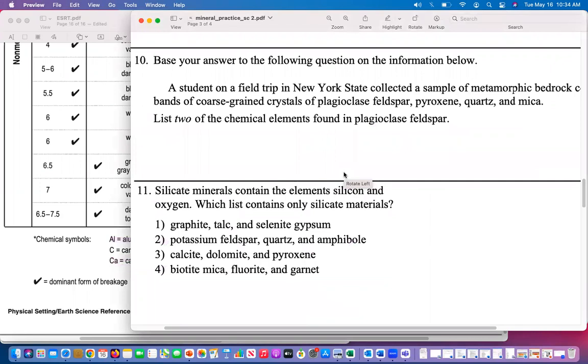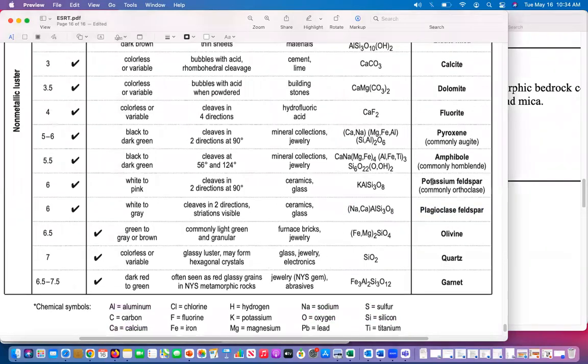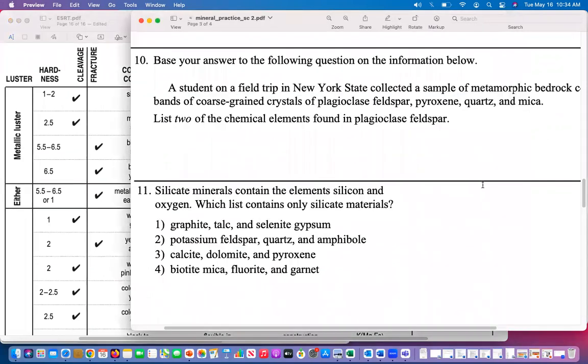Silicate minerals contain the elements silicon and oxygen. Which list contains only silicate minerals?